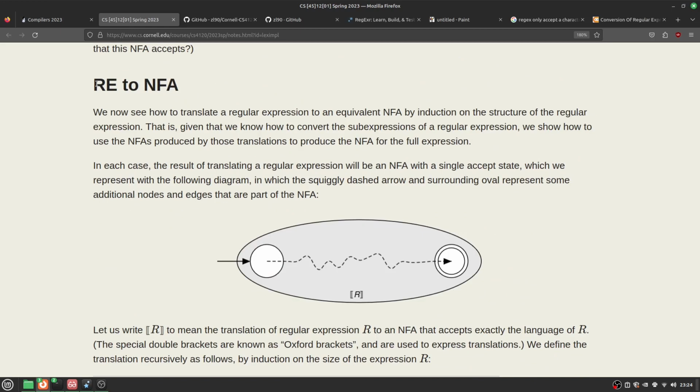So, RE, regular expression to NFA. We now see how to translate a regular expression to an equivalent NFA by induction on the structure of the regular expression.